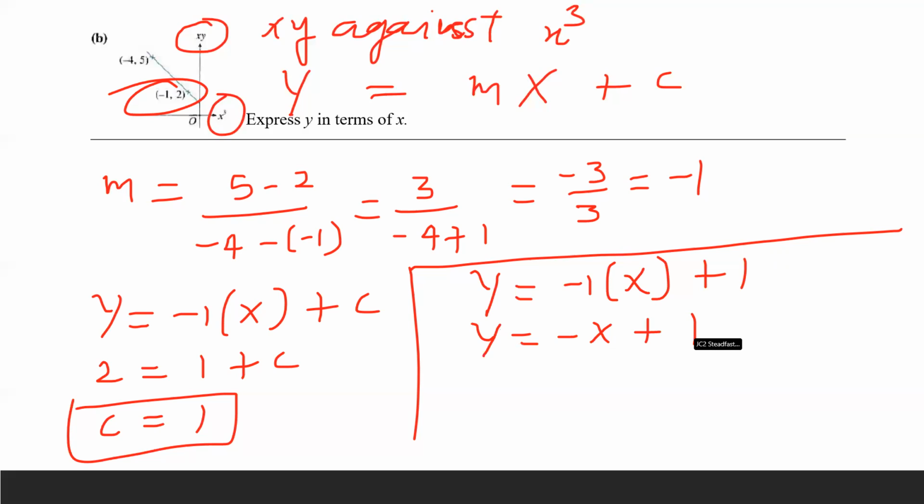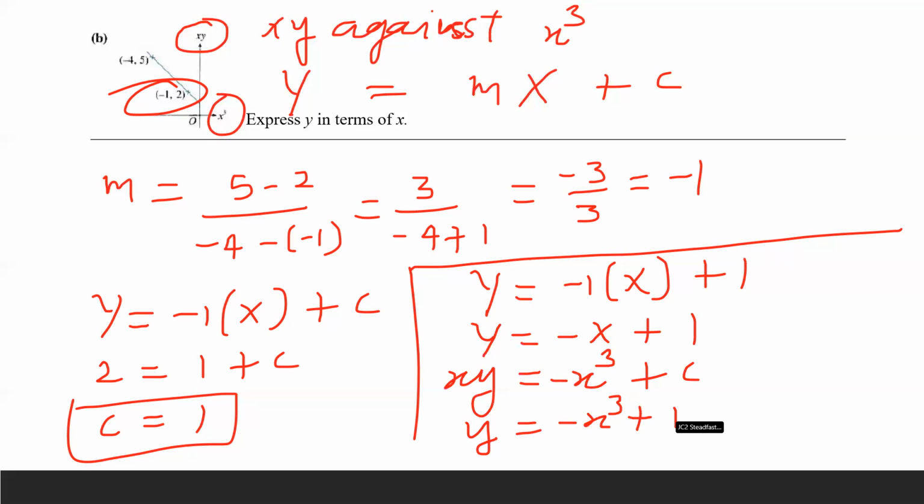Now let's substitute the value for capital Y, which is xy in this case. So xy equals negative x cube plus 1. Since the question says express y in terms of x, let's make y the subject and divide the other side by x.